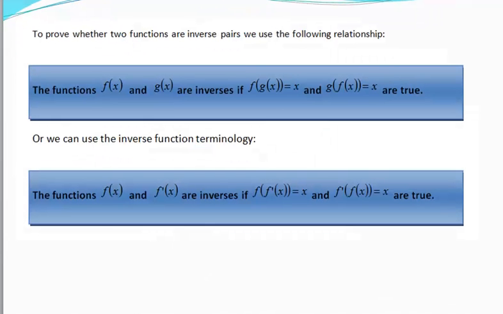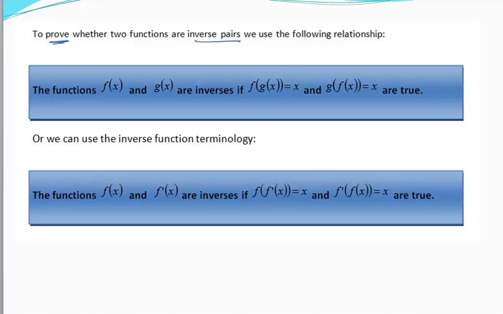To prove whether two functions are inverse pairs, we use the following relationship. The functions f of x and g of x are inverses if f of g of x is equal to x, and the opposite, g of f of x is equal to x, are true.